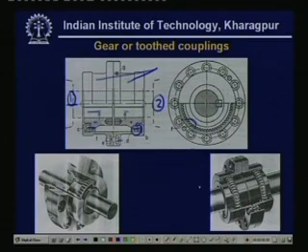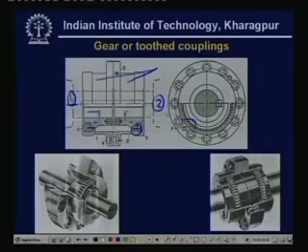Now these gear teeth can lead to some amount of flexibility. How? We know that there exists some backlash in the gear teeth. Because of kinematic or manufacturing defects there may be backlash, and purposefully some backlash is kept here. So whenever there is some angular misalignment, that backlash can take care of it.